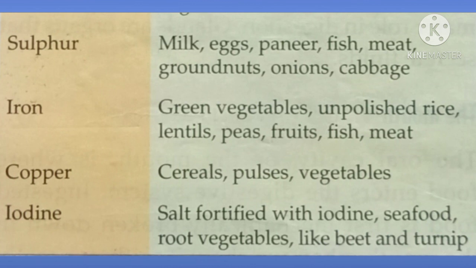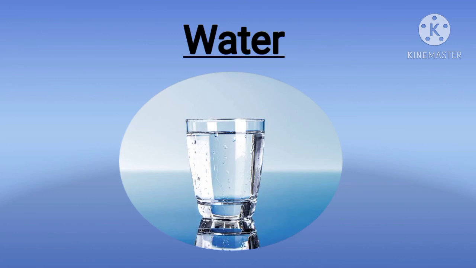The source of phosphorus is meat, liver, milk. The sources of sulfur are milk, egg, paneer, fish, meat, and the source of iron is green vegetables. The sources of copper are cereals, pulses, vegetables, and the source of iodine is seafood, root vegetables, etc.